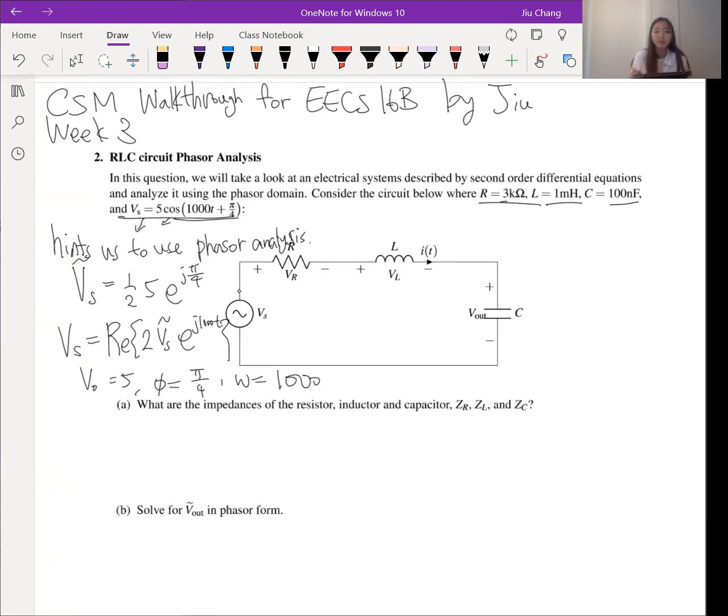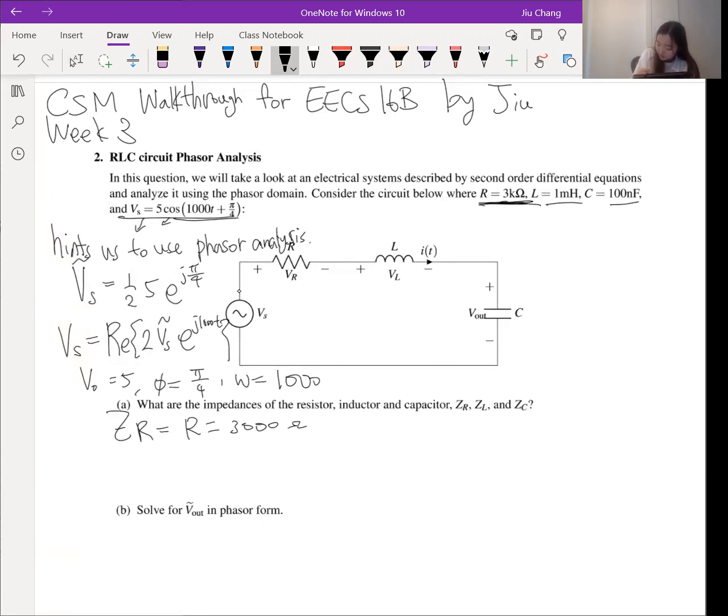And our part A asks us about the impedances. So remember, for the impedance of a resistor, we just have our R, which is just 3,000 ohms as given here.